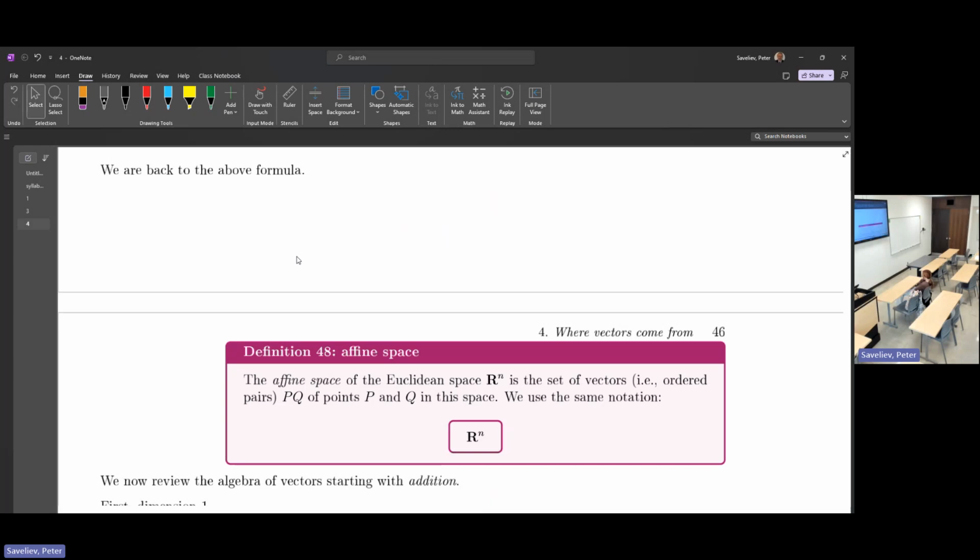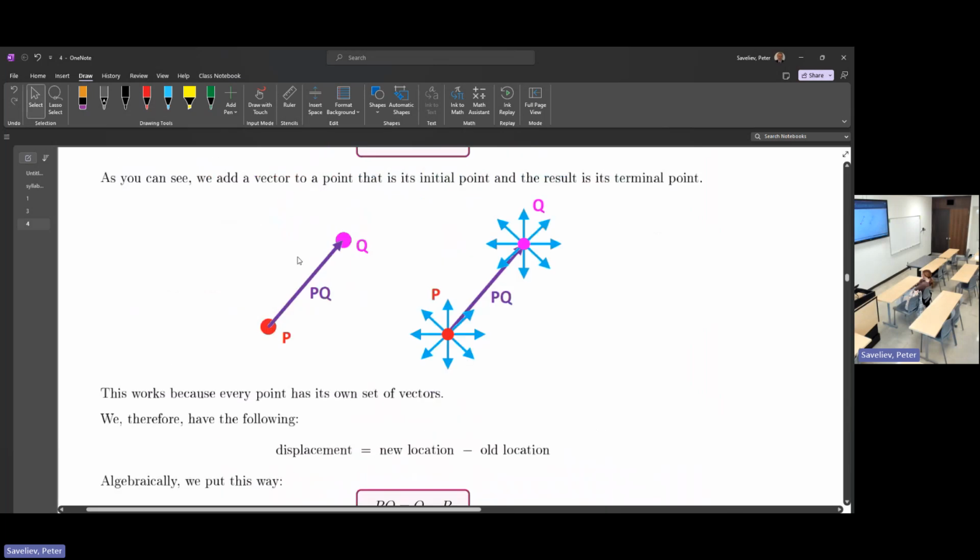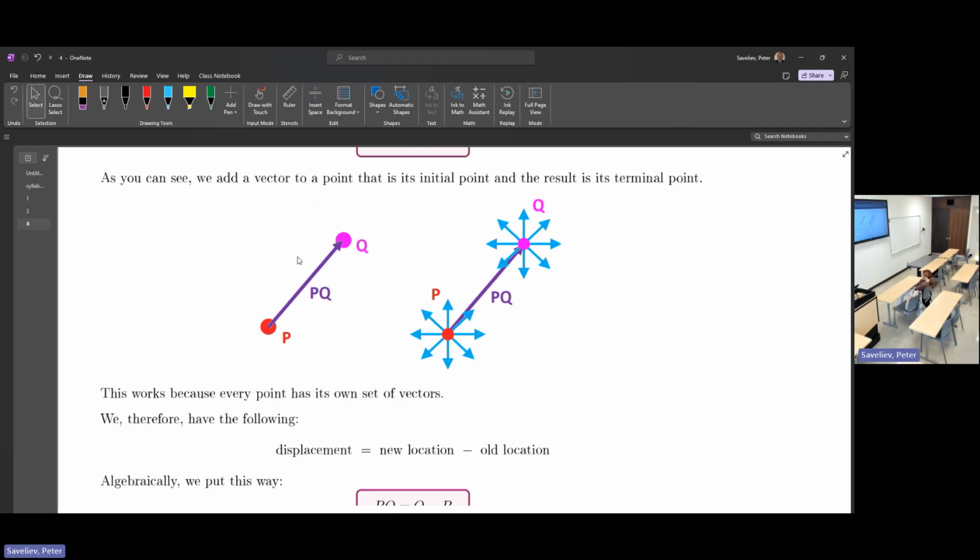Otherwise, every point in Euclidean space has a vector, because from any point P you can move to any point Q. Which makes life too complicated. Instead, we're just choosing one point, and we choose P to be the origin, and only vectors originating from the origin are counted as vectors, because we can always move them. They are identical copies of those vectors around P, around Q. So if we have that collection, we can move it anywhere we want, and we can also do algebra with them.